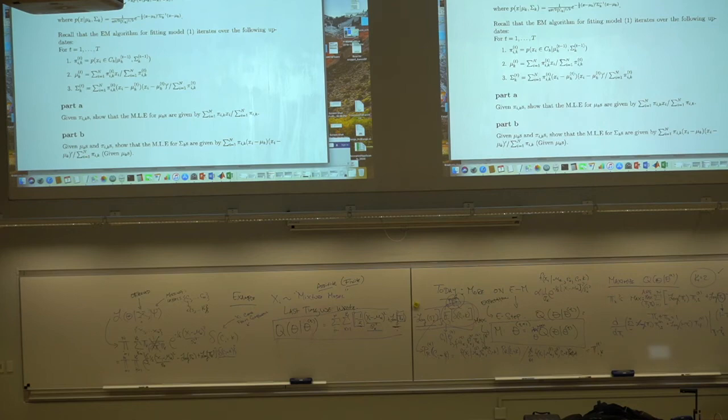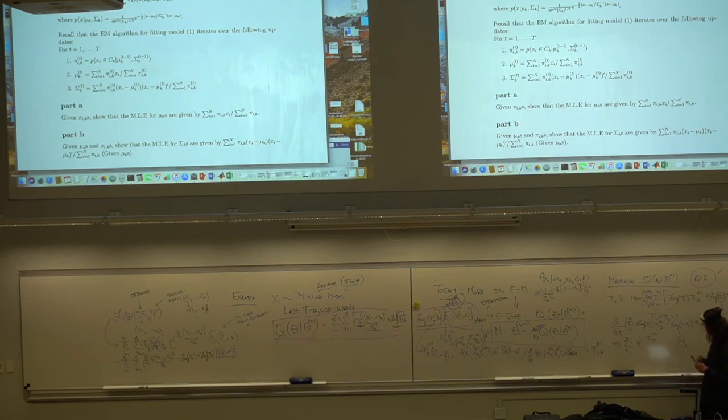And I'm going to solve for pi 1. So the derivatives aren't too hard to work out. This is just going to be the sum, i goes from 1 to n, of 1 over pi 1 times pi I 1 t. I know what the derivative is of log pi 1. Plus the derivative of this thing, 1 over 1 minus pi 1.